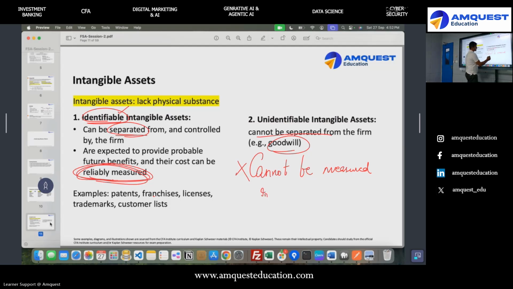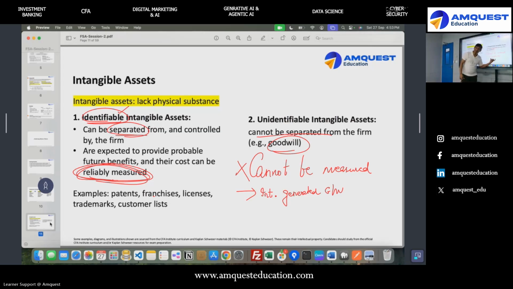So the best example is, if you are internally generating goodwill or a reputation for yourself, you cannot record it. McDonald's, if you see their balance sheet, there is no value assigned to the brand name. You know the brand is worth it, it's a big brand, but there's no value because they cannot measure how much they spent.